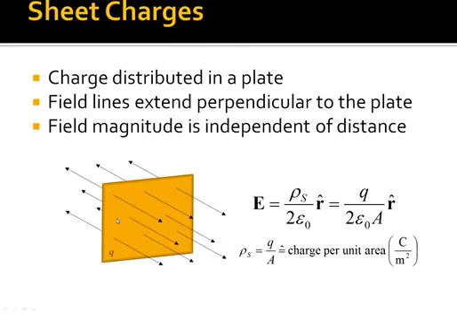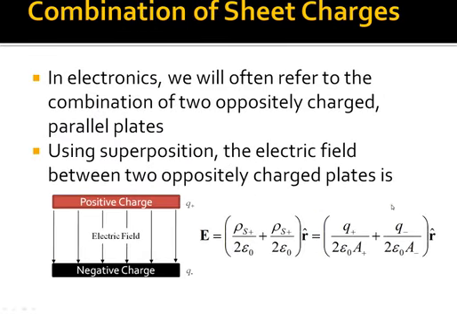Remember that for sheet charges, the electric field strength does not depend on how far away they are from each other. It only depends on the direction in which they are separated. In that manner, we can compute the electric field strength between two oppositely charged plates.